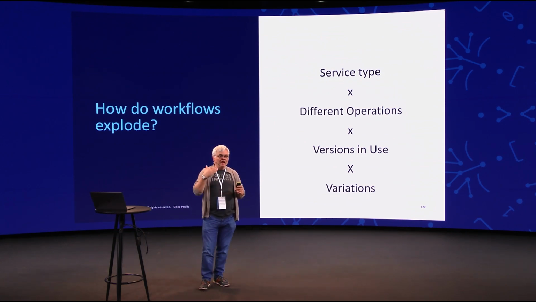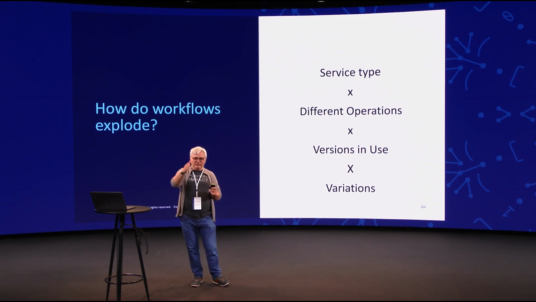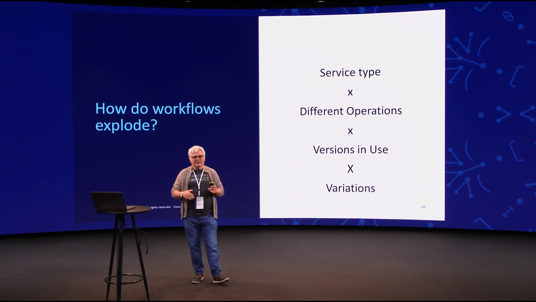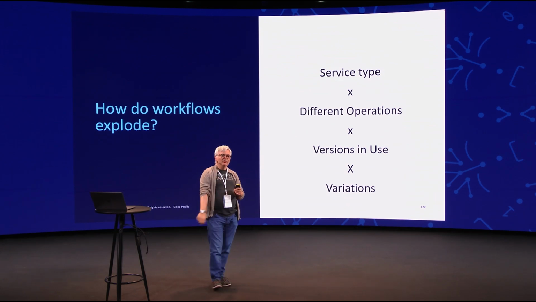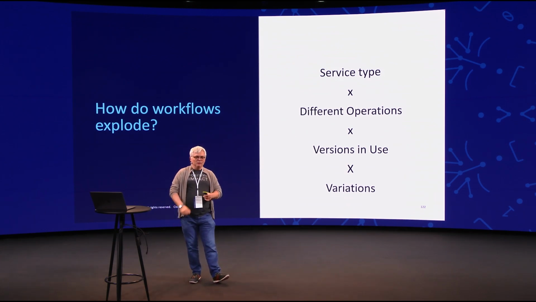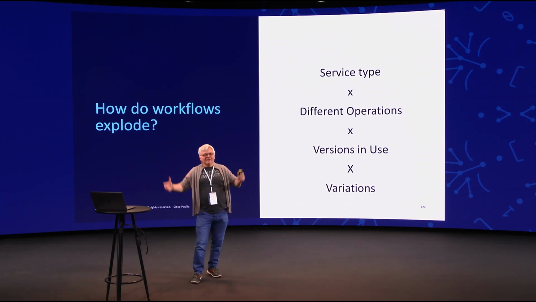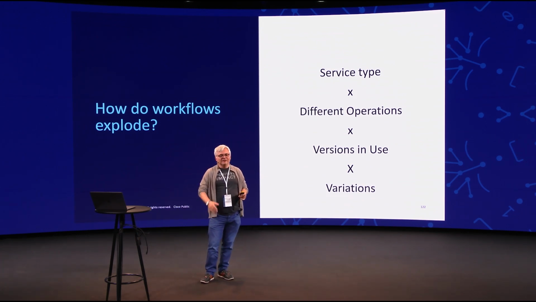An example: I create a workflow to upgrade some device from version 5 to version 6 of an operating system, and then I try that same workflow to upgrade from 6 to 7, and I think I just have to change those two parameters, and no, 6 to 7 has more memory requirements, and I run out of memory, and I can't run this, and then I have to change the workflow, right? And so I create a variant of that workflow for upgrading from 6 to 7, right?